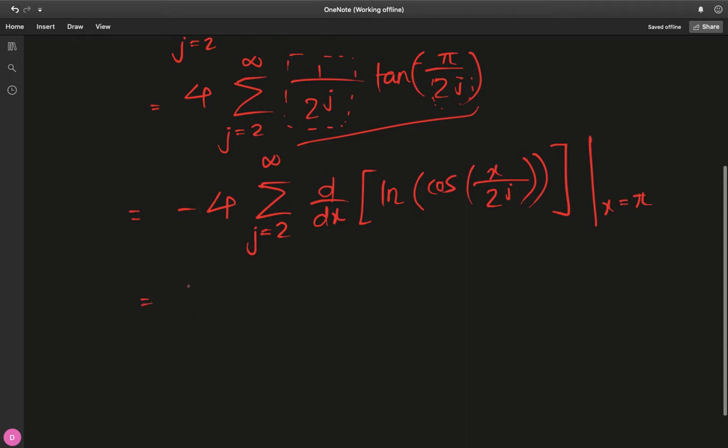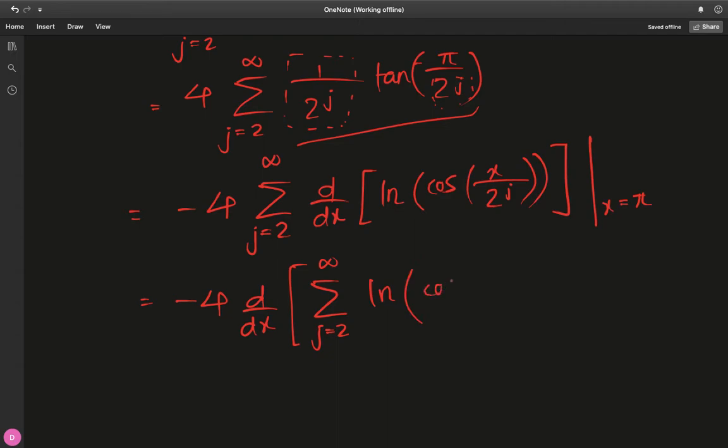And now the sum of a derivative is the derivative of the sum. Basic addition property of derivatives. So we have minus 4 times the derivative with respect to x of the sum from j equals 2 to infinity of the natural log of cosine of x over 2 to the jth power, evaluated at x equals pi.